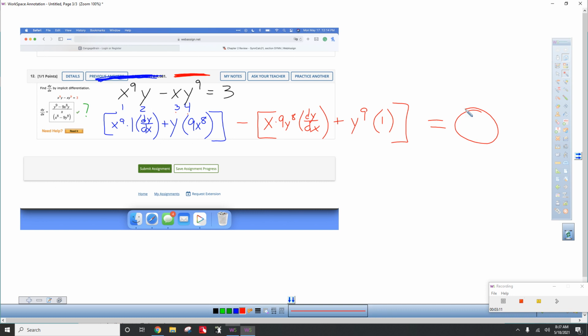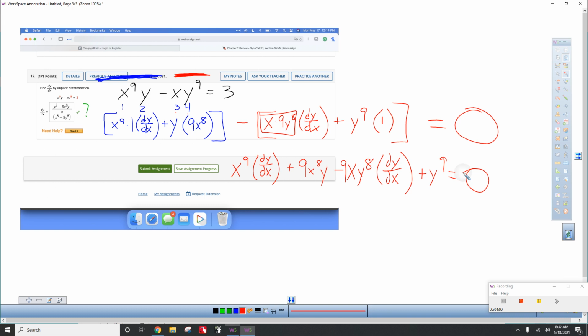We have x to the 9th dy/dx plus 9x to the 8th times y minus 9x y to the 8th, just changing the order of multiplication right there, times dy/dx plus y to the 9th equals 0.